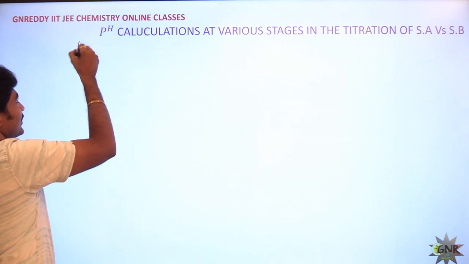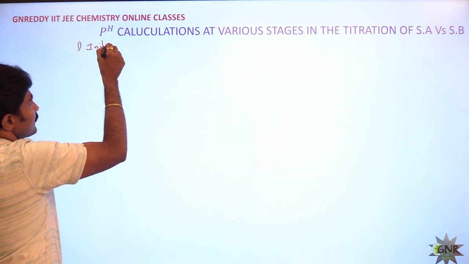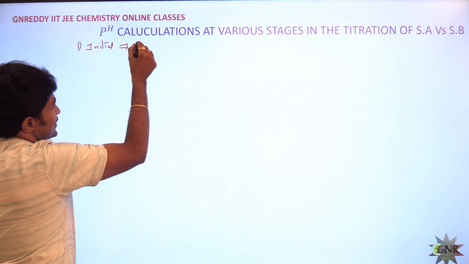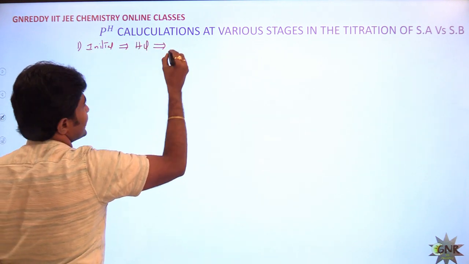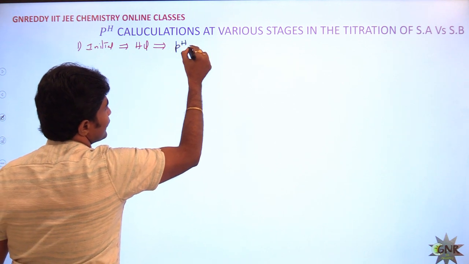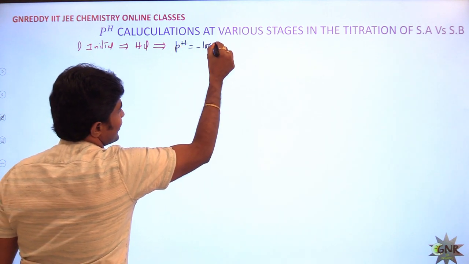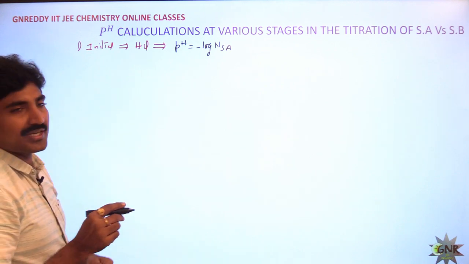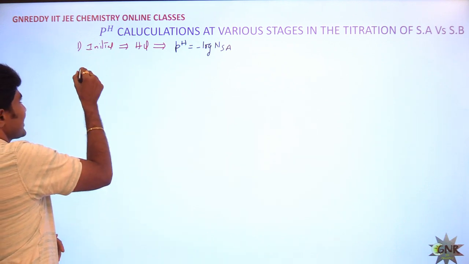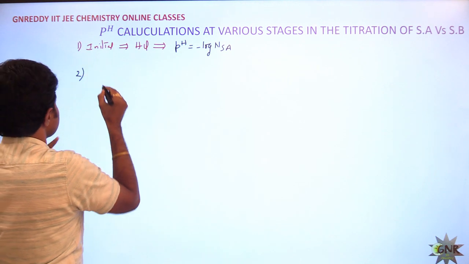If you look at the initial one, only HCl is present. How is this calculated? This is calculated by using pH equals minus log of normality of the strong acid. So at the beginning level pH is directly obtained by this. Next, the second one, at the equivalence point.